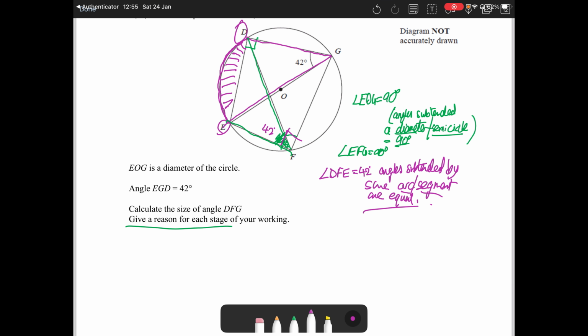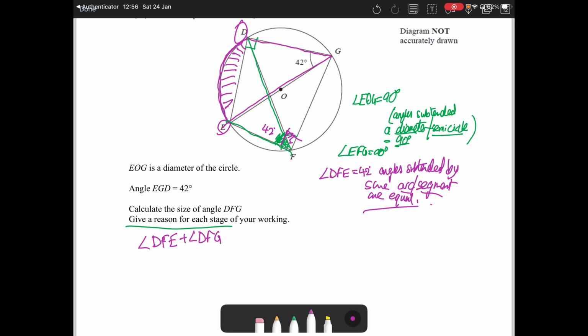So what we can do to finish this off is we can say DFE plus DFG, which is this angle here.